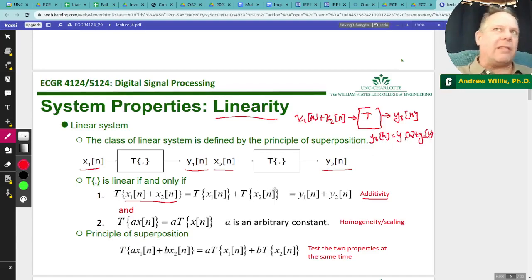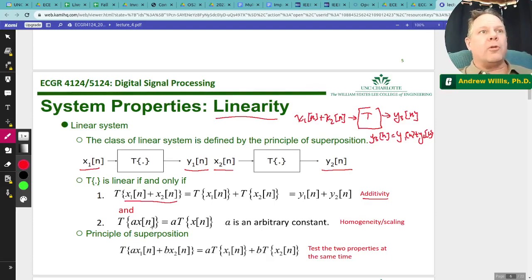Now that's just a bunch of math and algebra, and it sounds almost meaningless, right? So here x1 goes in, gives y1, x2 goes in, gives y2, then I put x1 plus x2 in and I get y3. We're going to do an example where we show this in practice, and show that it works in some cases, and for other systems it doesn't.